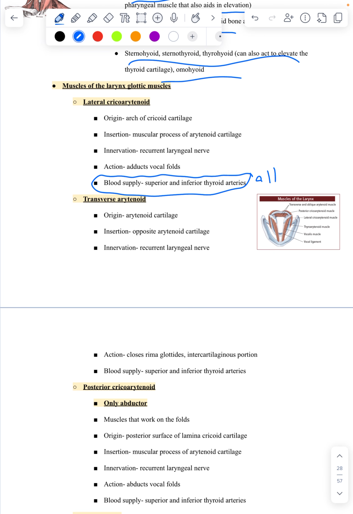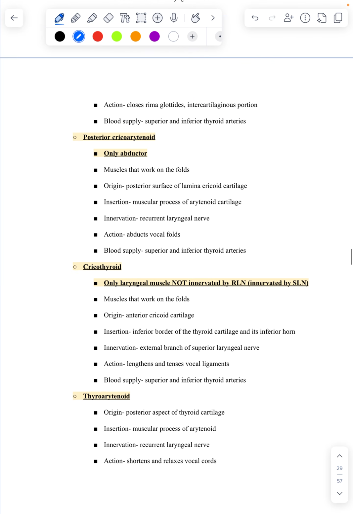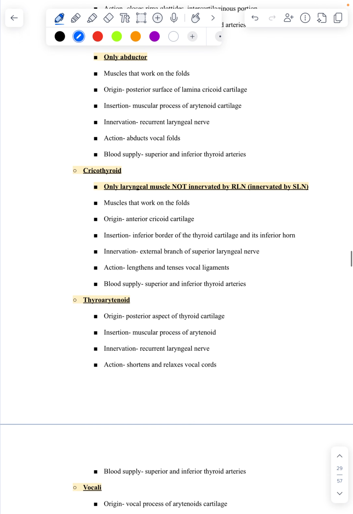And then the innervation is all recurrent laryngeal, but I'm going to star this because one of them is not. And that one is going to be your cricothyroid. That's innervated by the external branch of your superior laryngeal nerve.